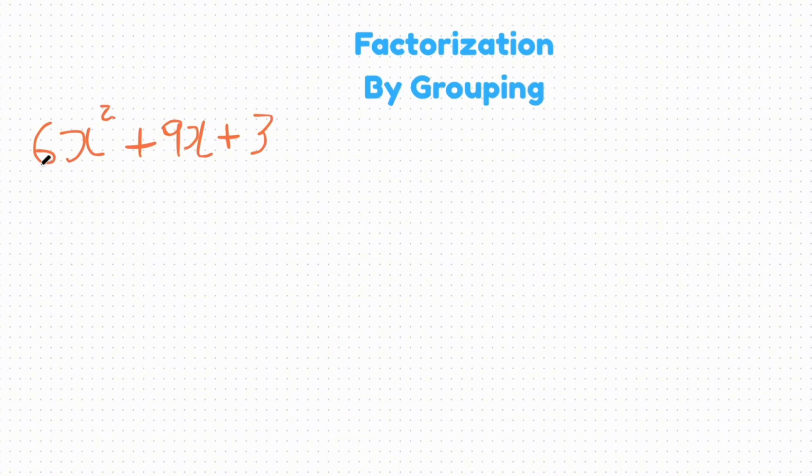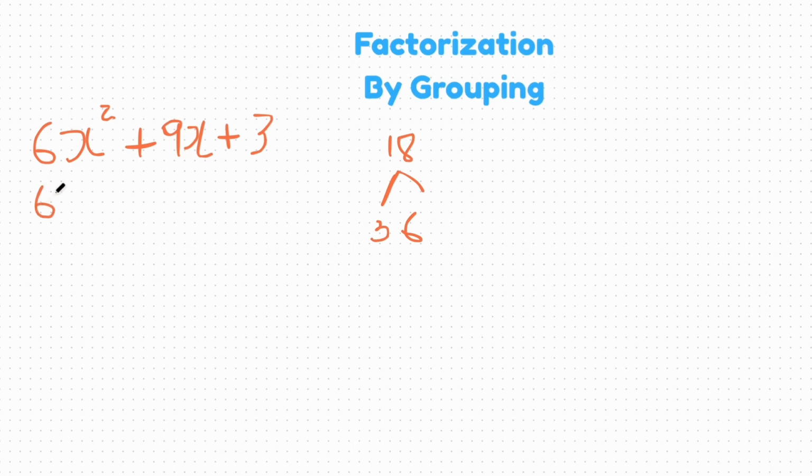First, we have to multiply our 6 times our 3, and that's what? 18. So we need 2 numbers that when we multiply, we get 18, but when we add those 2 numbers, we get 9. And that would be 3 and 6. Right? So we're going to break the 9x into 2 terms.